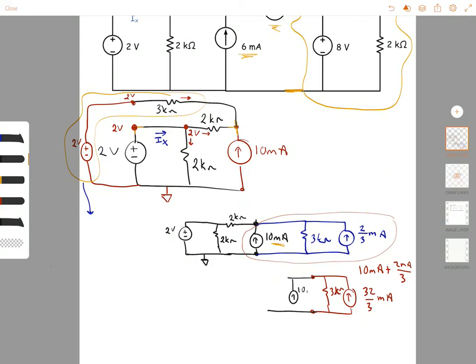Can draw the rest of the circuit, 10 milliamps. Two volts here, 2 kilo ohms here. Now in this configuration, I again have, oops, what did I do? I had already combined these, so this is not there anymore.